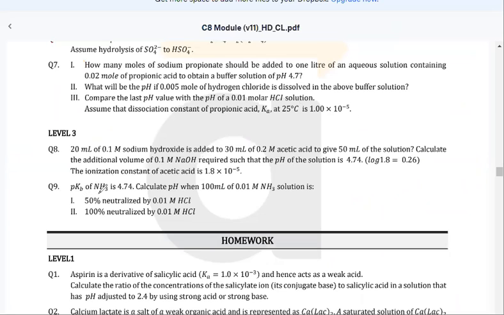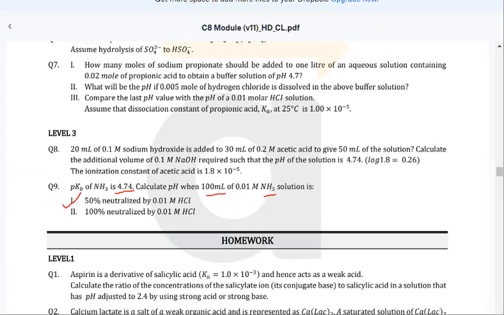pKb is given. Calculate pH when 100 milliliter of 0.1 NH3 solution is 50% utilized. Now tell me, if 50% utilized, then what is the concentration ratio of salt and acid? 1:1, yes or no?